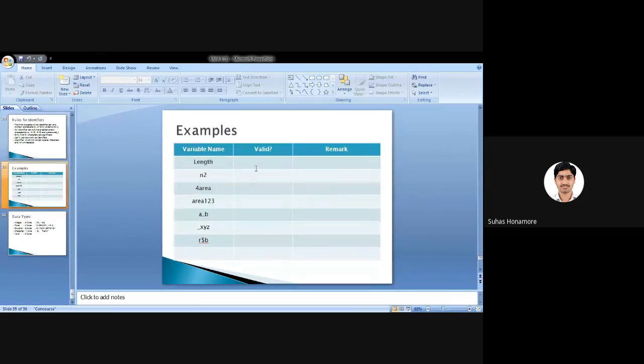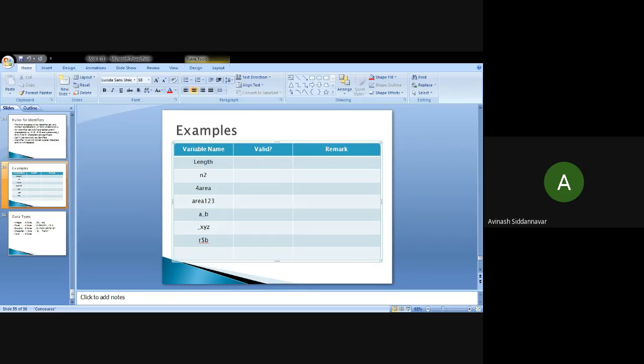So any other reason why it is invalid? I think Avinash was speaking correctly. Okay. Next one: is it valid or invalid? Valid, sir. Yes, valid, because it has some letters here. If you count, total six letters are there.